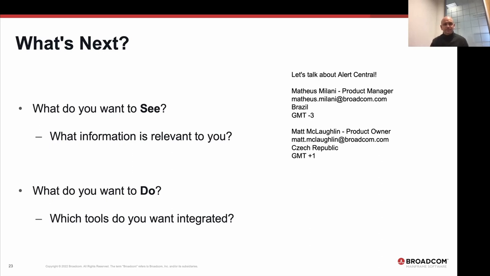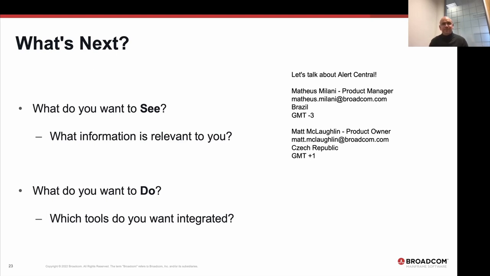We want to make sure that if we are going the right direction with Alert Central, what else is missing? So we'll say, what do you want to see? Since we mentioned that it's not only about consolidating alerts, but about gathering data around them and bringing them as contextual insights, what is the information that is important to you? When you have your operators monitoring the environment, what is the information that matters to them?